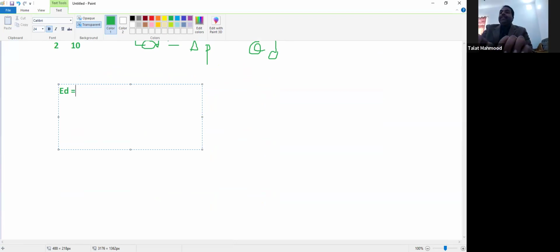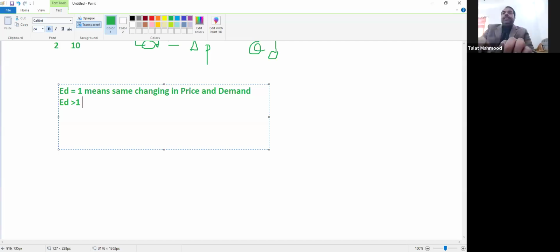Elasticity of demand equal to 1 means the same changes in price and demand. If elasticity of demand is greater than 1, it means it is causing heavy changes in demand.